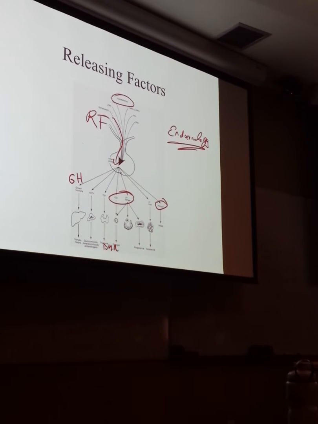FSH is also a drug. If you were infertile as a woman, you could be given FSH to hyper-stimulate the ovaries and produce multiple eggs per cycle instead of one.